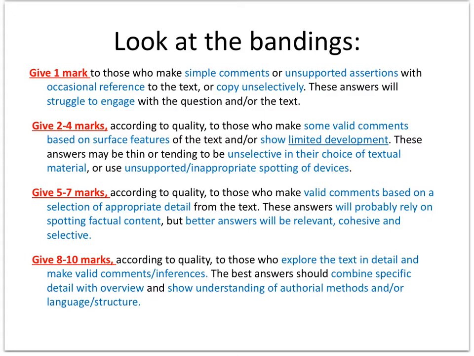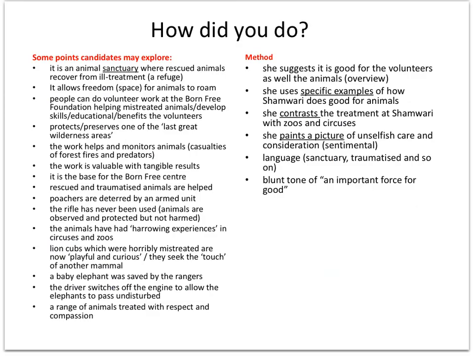If we look at 8 to 10 marks, which is your A to A star, according to quality, those who explore the text in detail, make valid comments and inferences, the best answers should combine specific detail with overview and show understanding of authorial methods and/or language and structure.